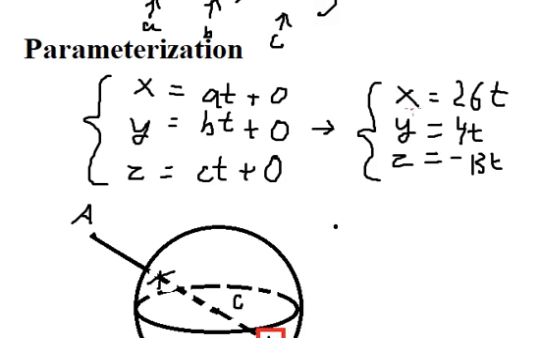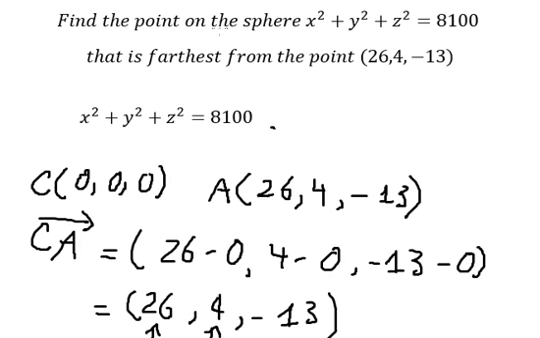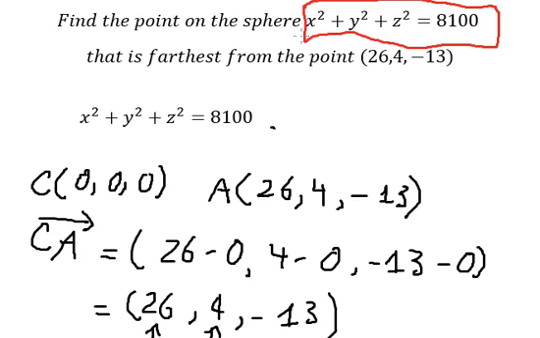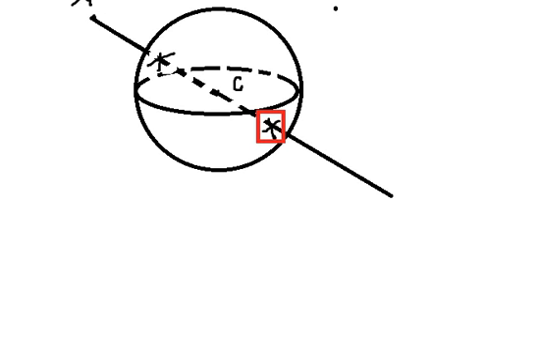We have x, y, z equal to this parameterization, and we know that we have this equation in here. So I will substitute this for x, y, and z. And now we have like this.